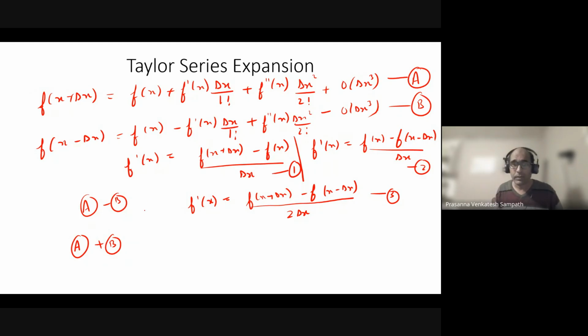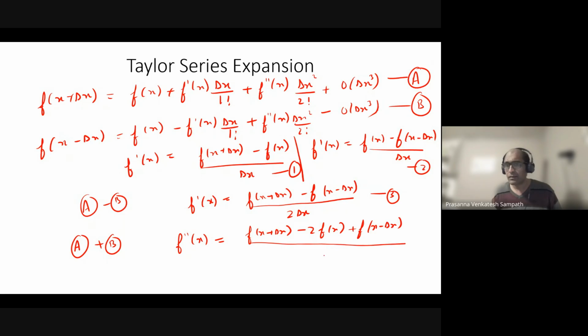So you'll be left with an equation that looks like this: f double prime x equal to f of x plus delta x minus 2 times f of x plus f of x minus delta x divided by delta x squared. It's not delta x square, it is delta x whole square. So please be careful when you're writing that. This is what we are going to exploit when we write the equation for the advection dispersion equation.